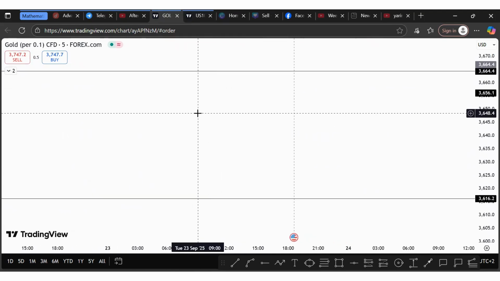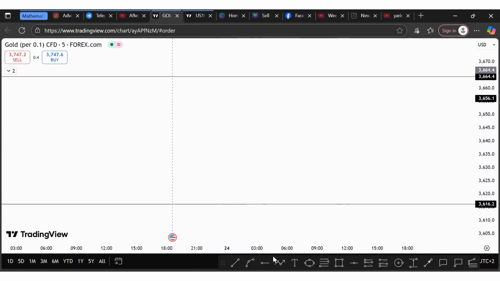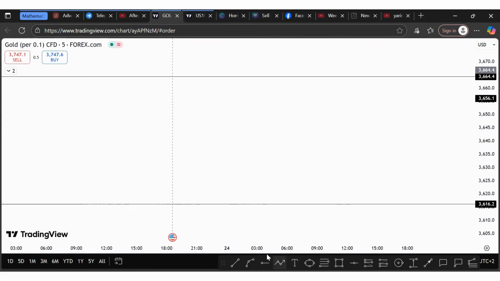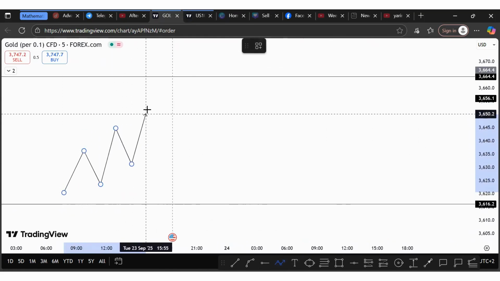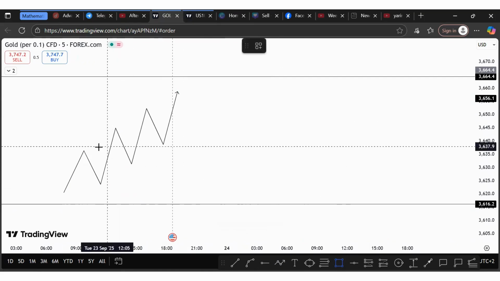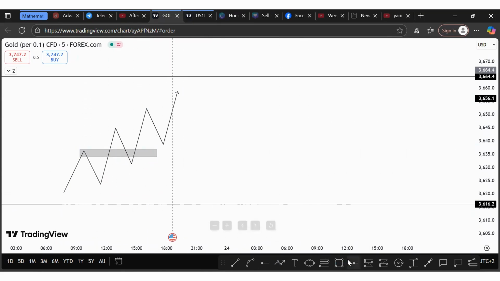So I'm just going to break it down to you on the side, so you can probably take some notes. Let's say you are in an uptrend. You want to see the pair breaking the highs.